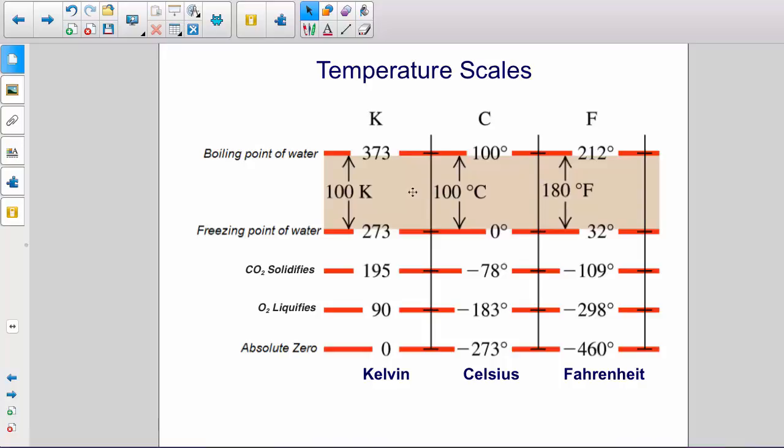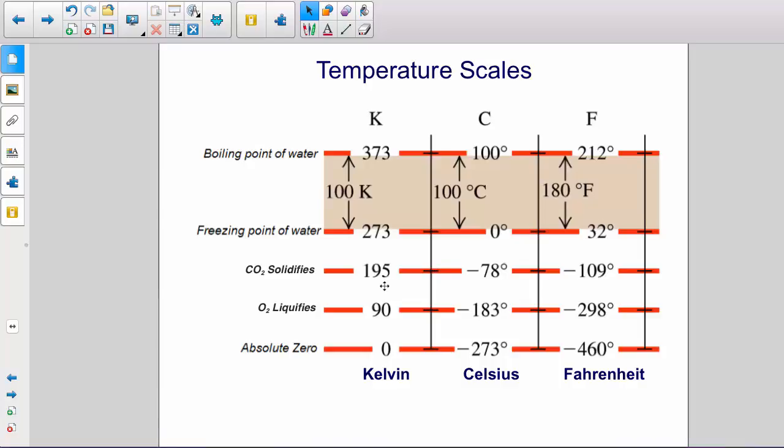As you'll notice, there's the same number of degrees or units between freezing and boiling in both of these scales. The Fahrenheit scale has freezing at 32 degrees and boiling at 212 degrees. We won't go into this, but there's a historical reason for this result.